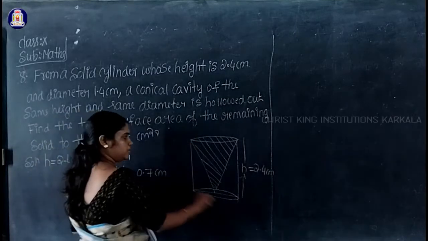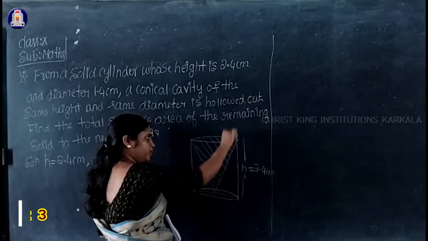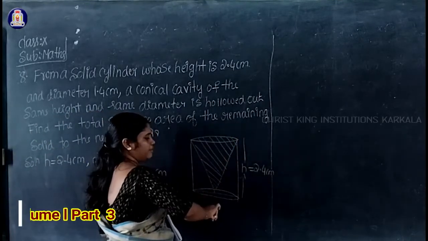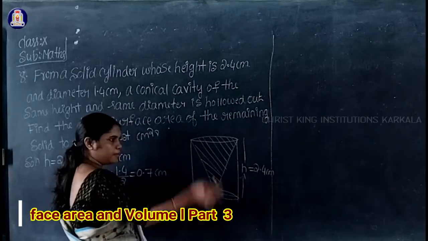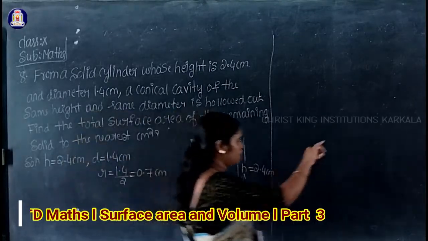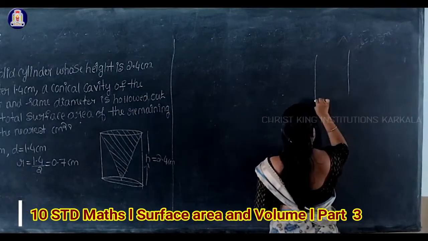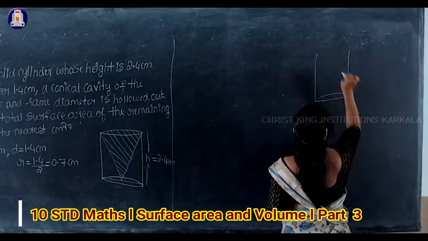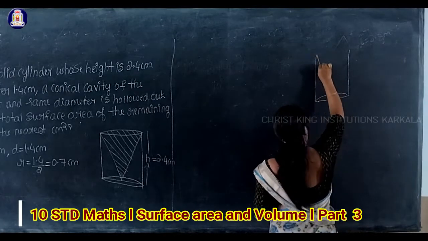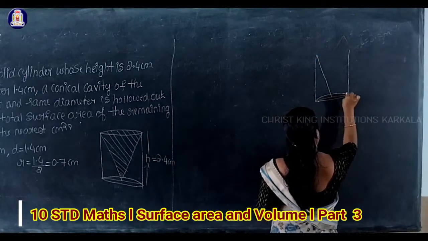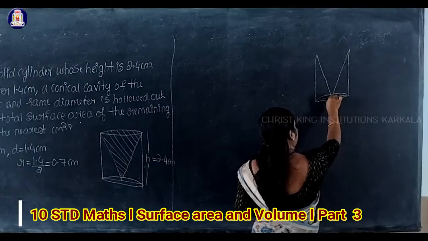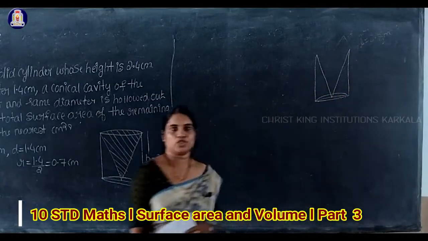So from this cylinder, if you remove this conical cavity, then what about the remaining portion? Your remaining portion will be like this. See, this is a cylinder. This is the remaining portion, isn't it?